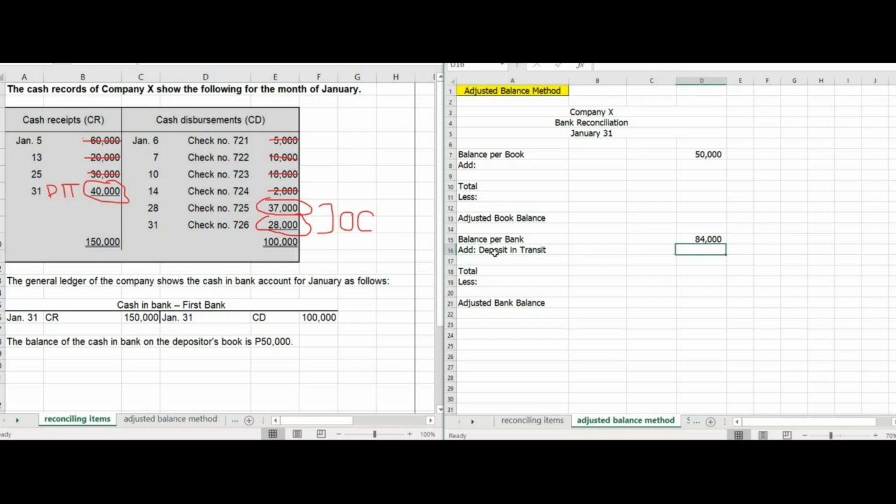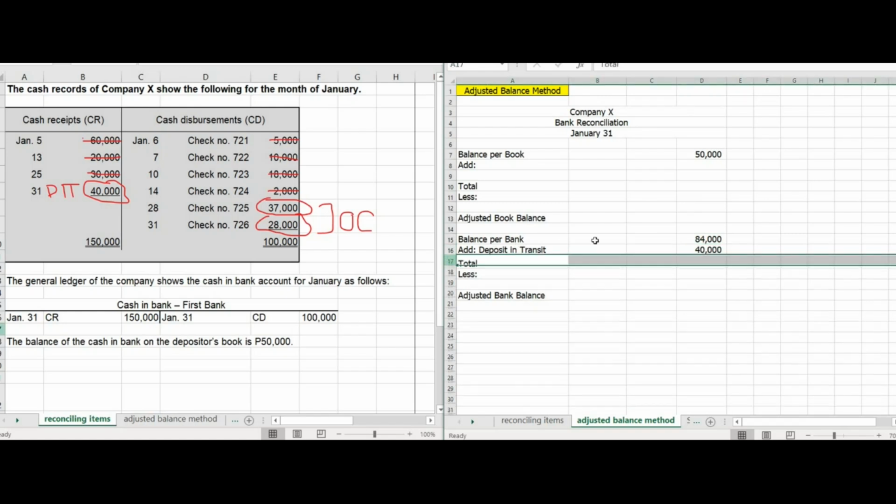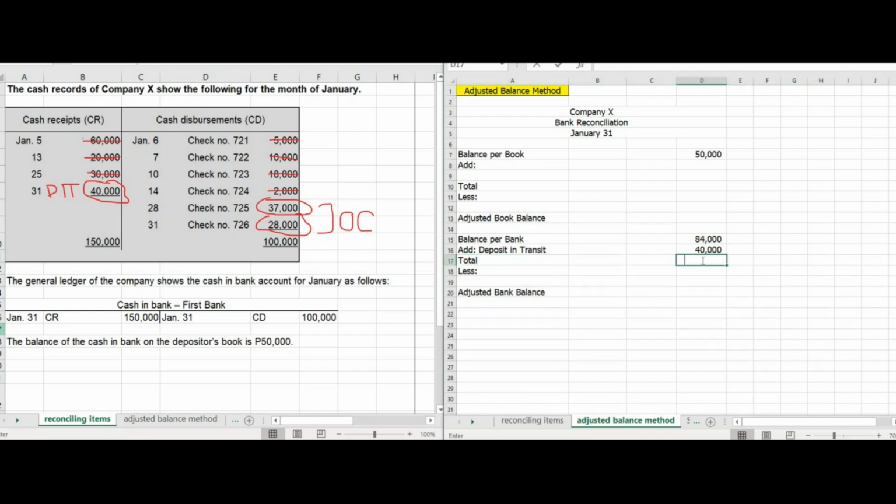Kaso lang, hindi pa siya na-report as cash receipts, no, per bank. So, we have to add 40,000 here. Okay. So, next is, you just get the total na lang. So, add natin.